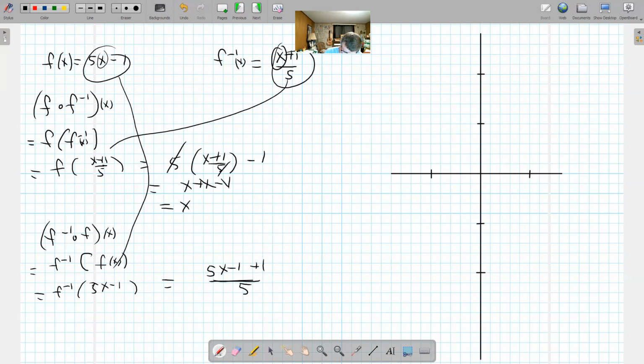Well, we could combine like terms in the numerator. Minus 1 plus 1 becomes 0. So now we've got 5x over 5, reduce out the 5s, and we get x. So these two functions are inverses of each other. The proof is that when we compose them in both directions, we get x.